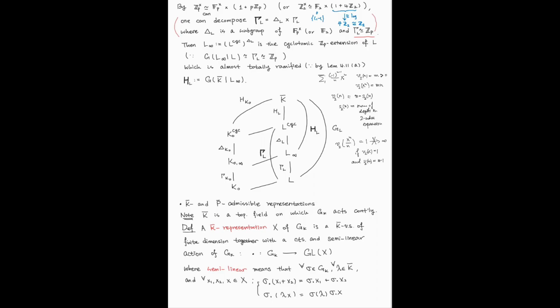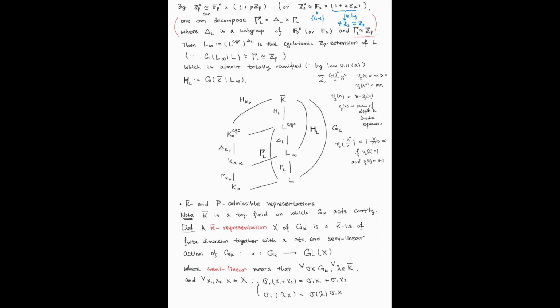Here it is a little tricky because this is pro 2. It's a projective limit of 2-torsion groups, and this is also 2-torsion. But this group itself has no torsion.